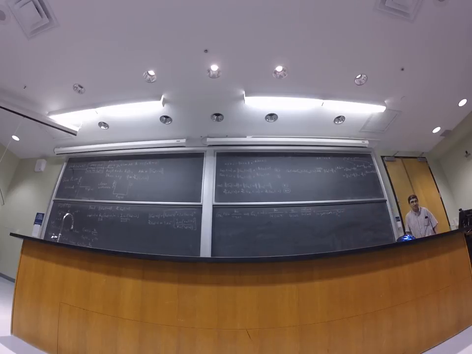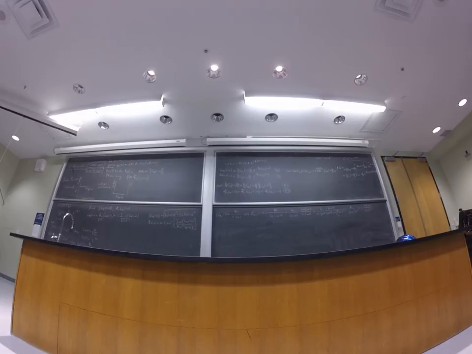So i squared is minus 1. And the numerator is K minus iKωτ. So I can rewrite this as K over 1 plus ω squared τ squared plus i times minus Kωτ over 1 plus ω squared τ squared. Question? Okay.